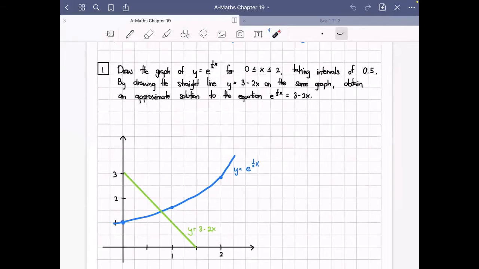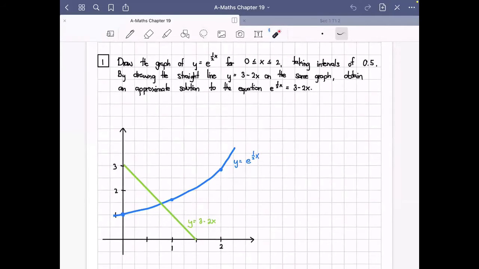For number one, let's draw the graph of y equals e raised to 1/2 x, for the values of x from 0 to 2, taking intervals of 0.5. What do I mean by the first sentence? We are going to graph this equation from 0 to 2, taking intervals of 0.5.